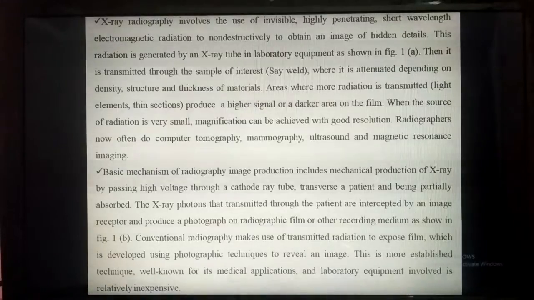The X-ray photons transmitted through the patient are intercepted by an image receptor and produce a photograph on radiographic film or other recording medium, as shown in figure 1b.